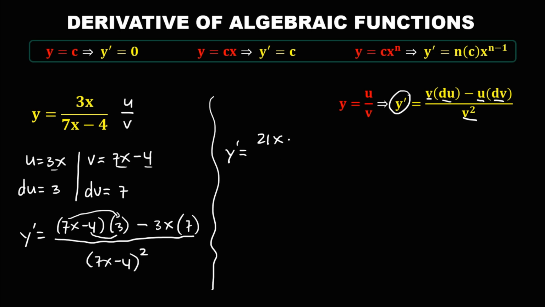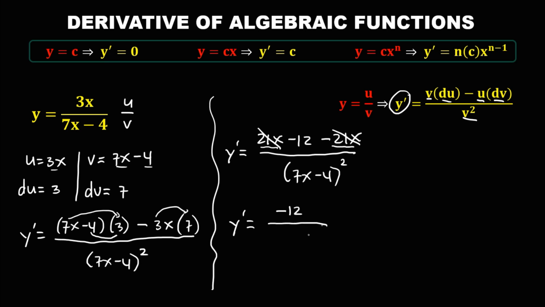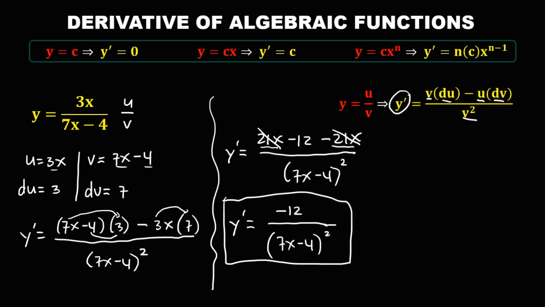Negative 4 times 3, this is negative 12. And this negative 3x times 7, that's negative 21x, then over 7x minus 4 quantity to the power 2. Then simplify, so this positive 21x and negative 21x is 0. So we have negative 12 over 7x minus 4 quantity to the power 2. So this is now the derivative.